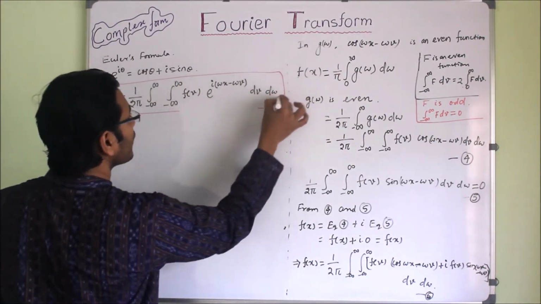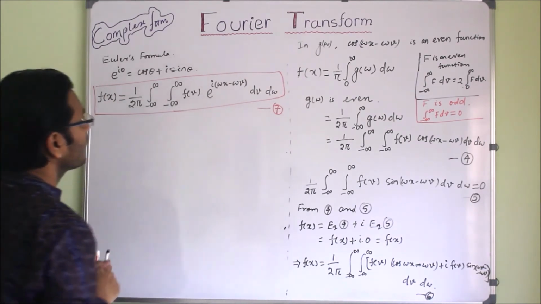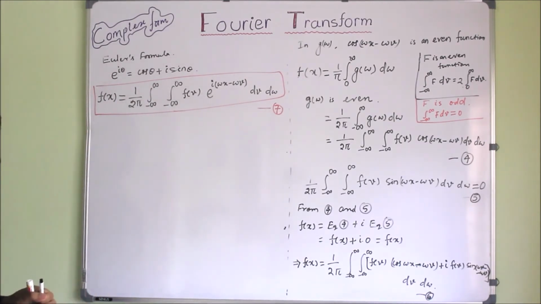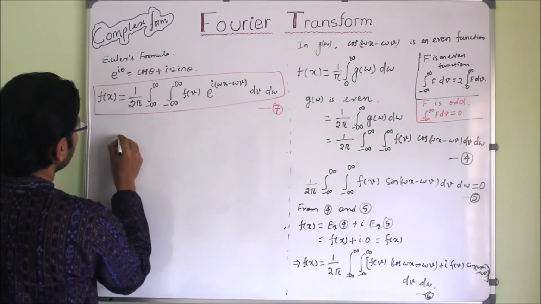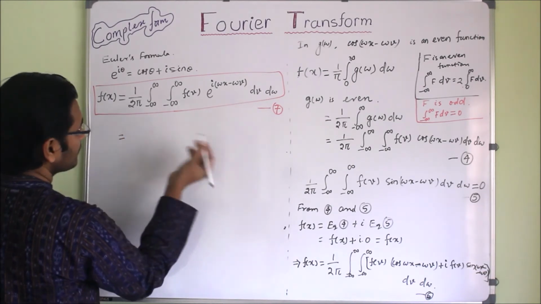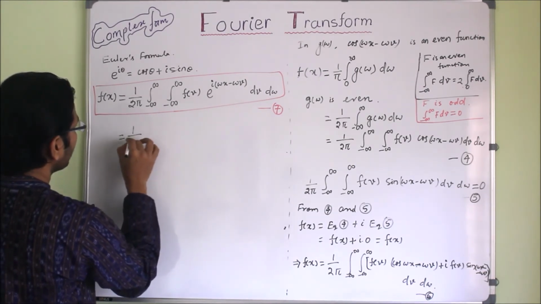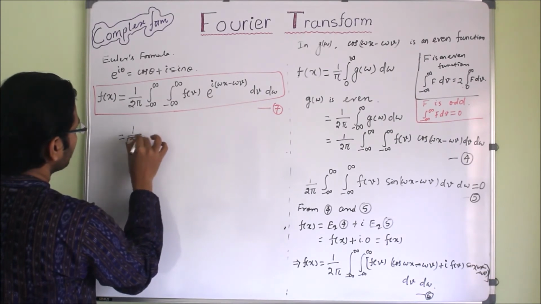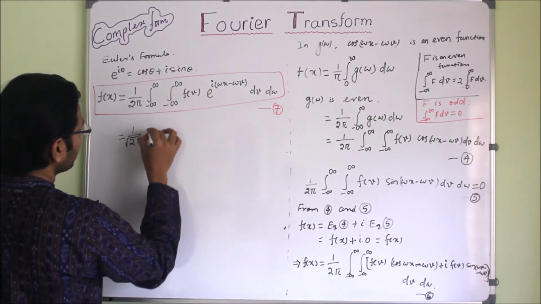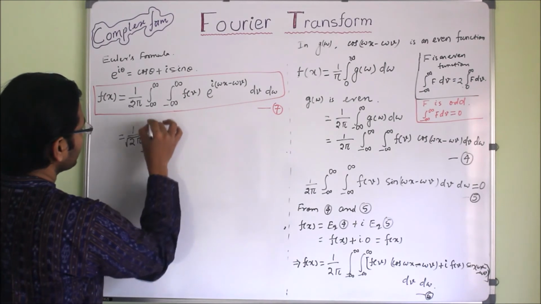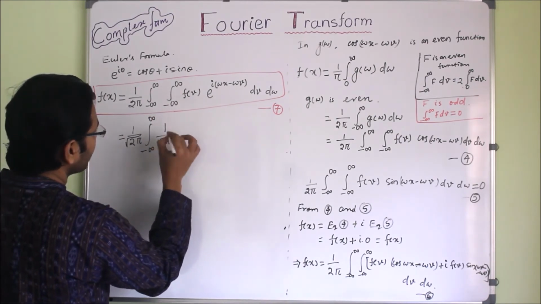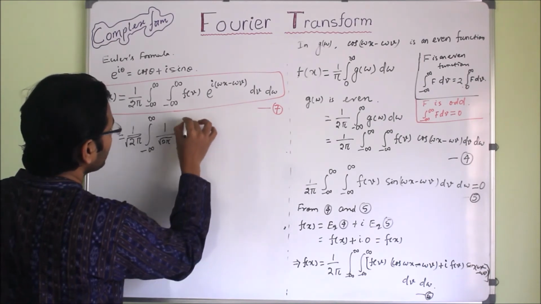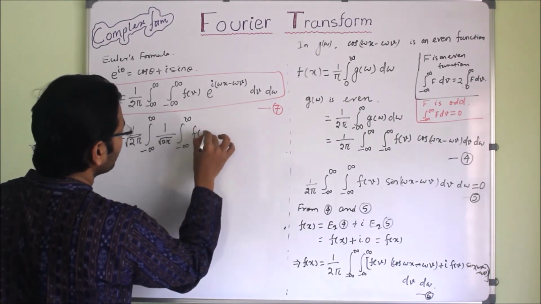Okay. So from here we have to find the Fourier transform or complex Fourier transform. So this equation 7 I can write as 1 by square root of 2 pi, integral from minus infinity to infinity, 1 by square root of 2 pi, integral from minus infinity to infinity of f of v.